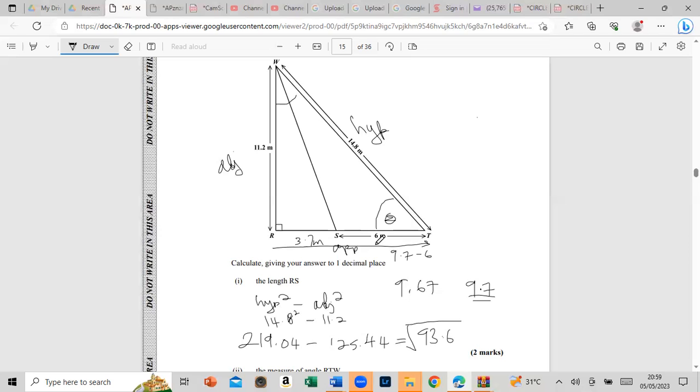Let's go, guys. Let's go. Alright, let's look at the solution now.